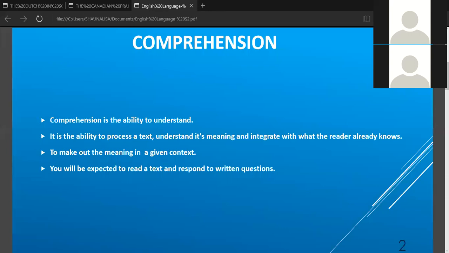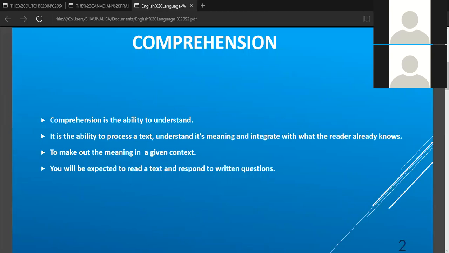Summaries, comprehension, and the next two passages need us to pay attention to comprehension as a very important aspect of English language. So today we're going to look at what comprehension is, what we already know, by the way. Comprehension is the ability to understand.